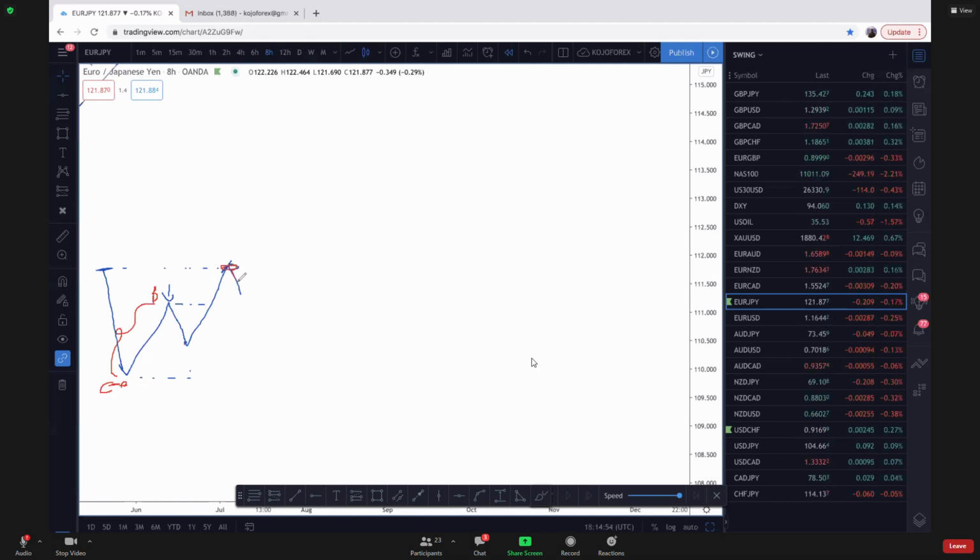But this pullback could probably create a lower high, a lower low, and another lower high, lower low, and that would be the beginning of a new downtrend. So sometimes you may make up your mind that you're just catching a pullback, but before you realize it, you're catching the inception of a new downtrend. So it's a random environment we are trading in, as far as the market is concerned.